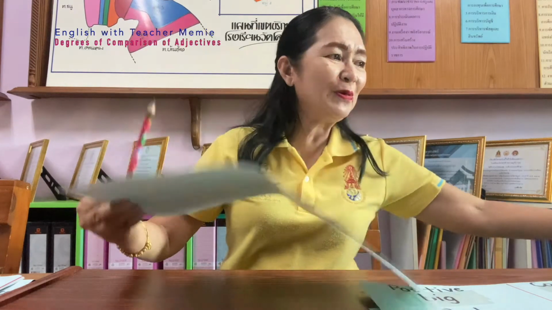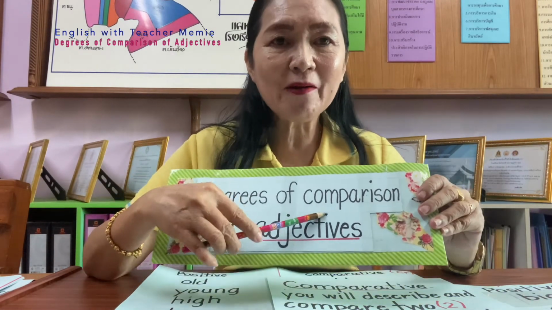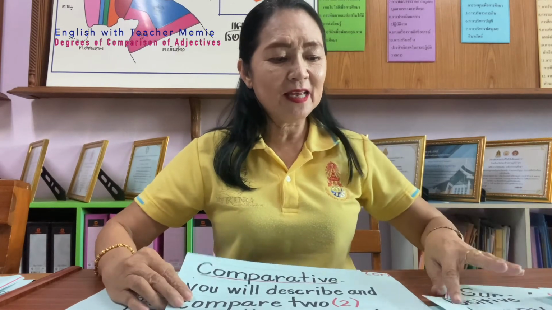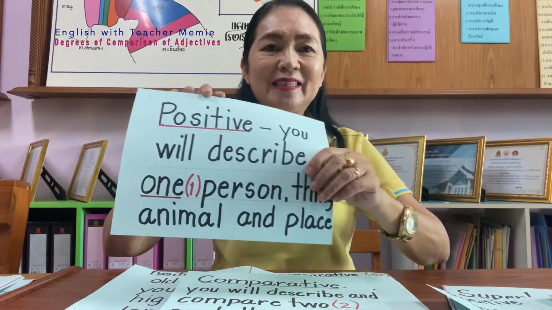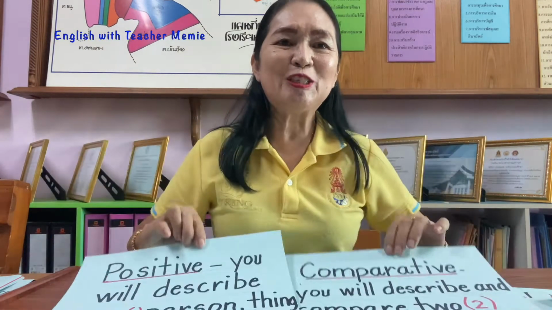I hope that you understand about positive and comparative. In degrees of comparison of adjectives, don't forget that we have three. First is positive. Second, comparative. And next time, superlative. I hope that you understand our lesson today.